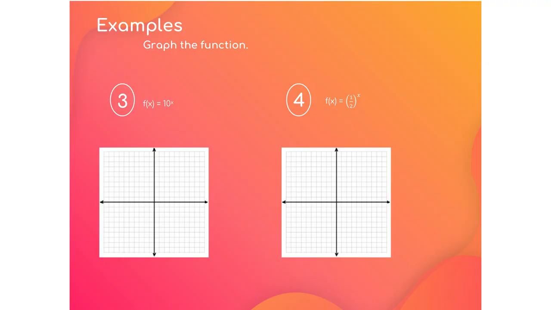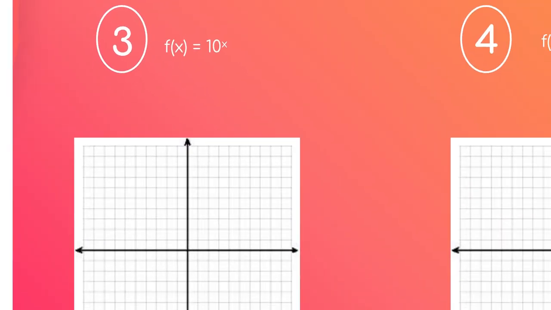Going on to example 3 and 4, let's just go ahead and go over these again. What's my base here? Good, 10 is my base in this case, and which 2 points should I at least have? 0, 1, and 1, 10. Because again, it's 1 your base, and 10 is my base.